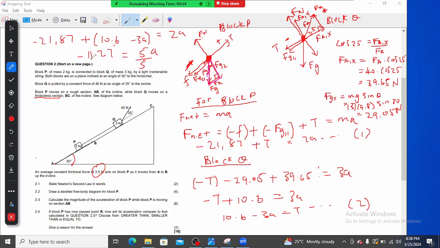And then we can divide by 5 on both sides. So what is a? Negative 11.27 divided by 5 is negative 2.25 meters per second squared. So that would be your acceleration. Any question here? No.